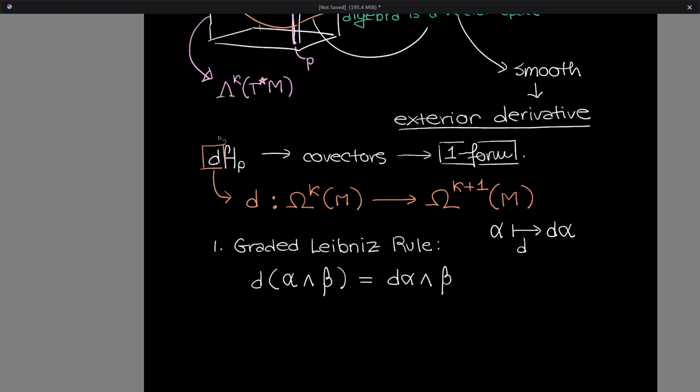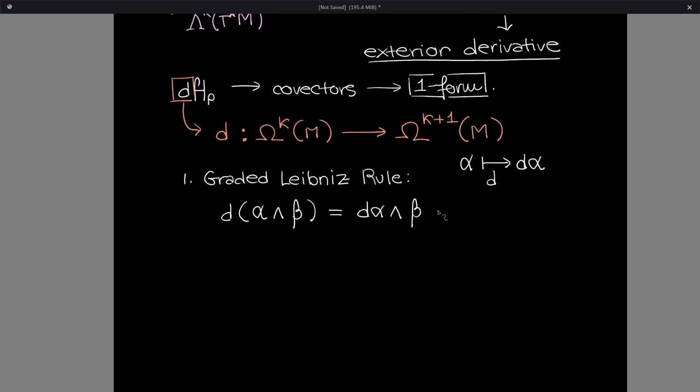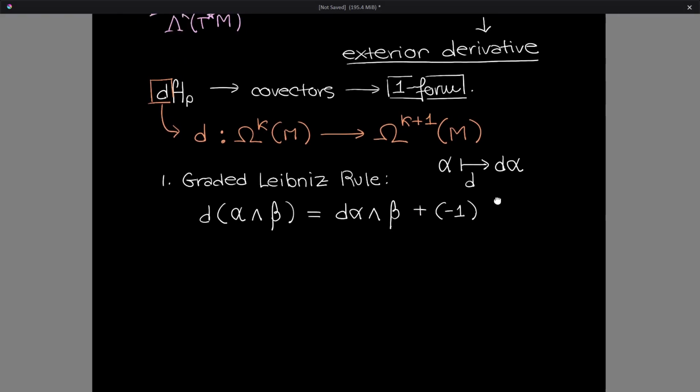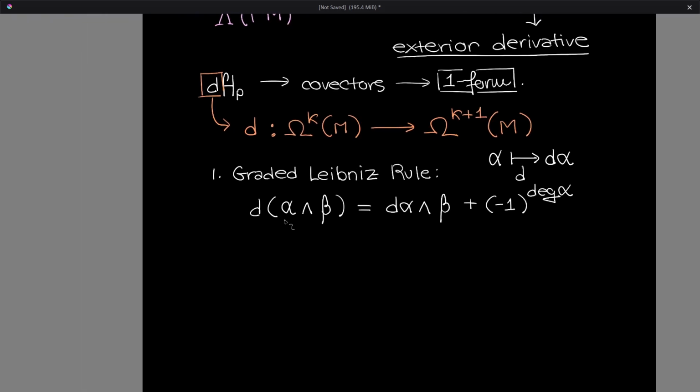Then that is plus minus 1. There's some factor that we need to put here for the grading so that the antisymmetry all works out. It's the degree of the form alpha. So let's say this is a p form, then this would be p.